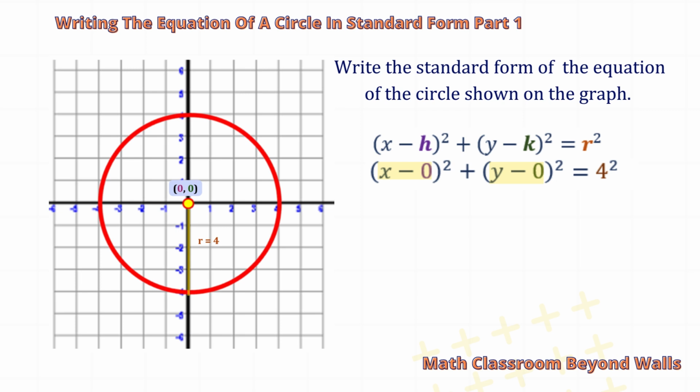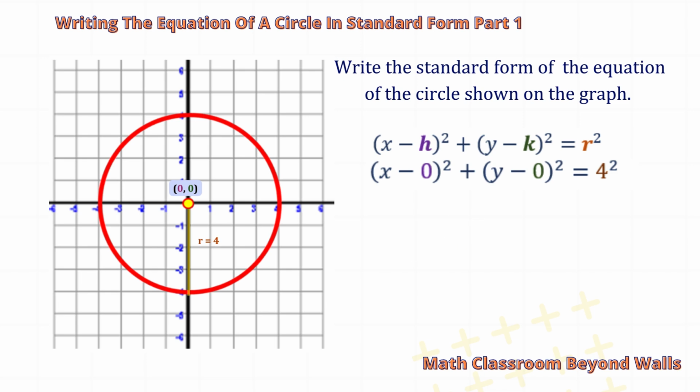Like 2 minus 0 is 2. What is 10 minus 0? You are right, it is 10. So what is x minus 0? You are right, x minus 0 is x. What about y minus 0? You are right again. y minus 0 is y.